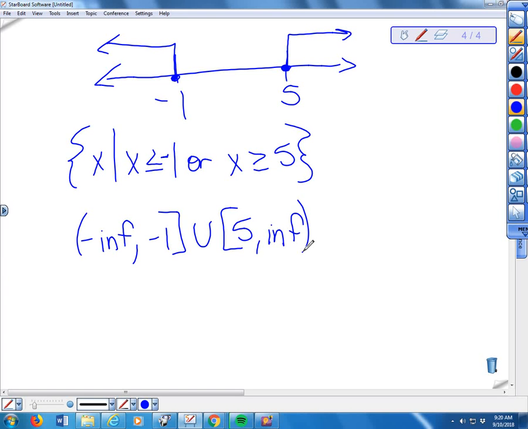Okay, let's do a conversion. Everybody good on absolute value equations and inequalities and interval notation, set builder notation? We're all good?